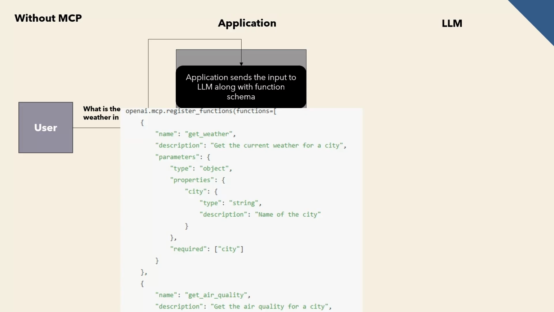They need to be embedded in your query while you are sending it to the LLM, so that the LLM takes the user query and also the function schema, meaning the structure. The application sends both to the LLM, then the LLM, based on the user's query, will select the appropriate function schema and send it back to the application.